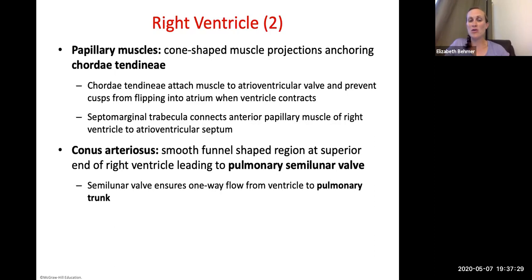They anchor to the chordae tendineae, and the chordae tendineae pull on the valves to prevent the cusps from flipping into the atria when the ventricles contract, and also to help open the valves. The conus arteriosus is a funnel-shaped region at the superior end of the right ventricle, leading to the pulmonary semilunar valve, which will take blood into your pulmonary trunk.